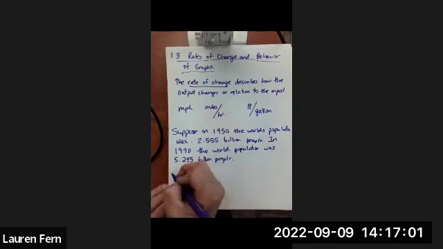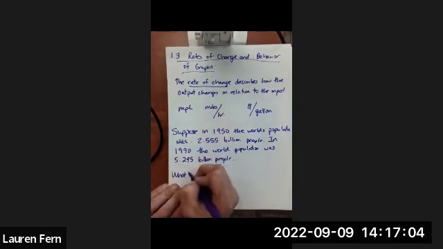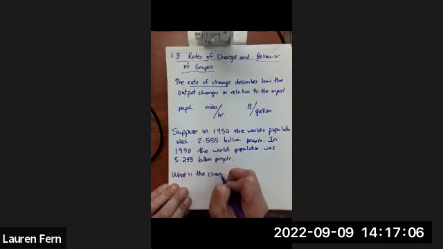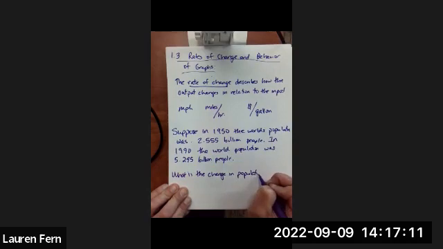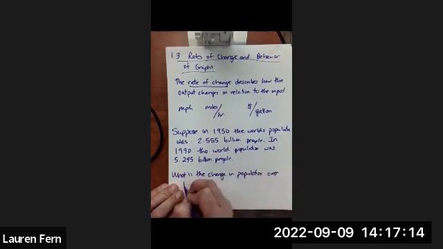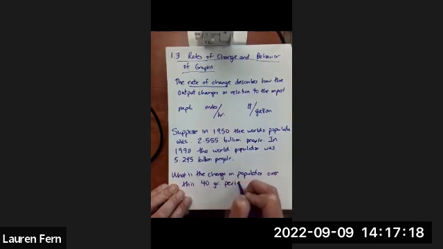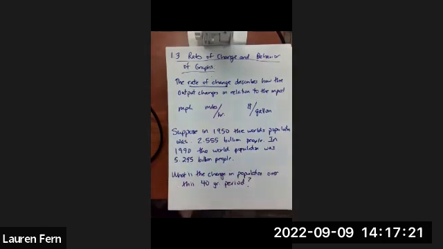All right. So what if I asked you, what is the change in population over this 40-year period? What are we doing here? When you want to know the change in something, what operation do you think we're using? And don't be afraid. If you're wrong, it doesn't matter. You're thinking, and that's the beautiful part.